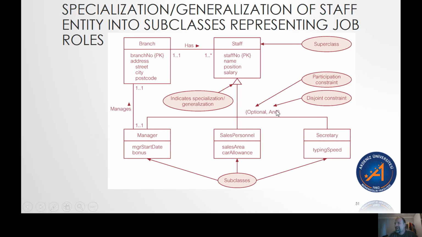The and means that they could be more than one of them. They could be a manager and a sales personnel, so they could be a sales manager. They could be a sales personnel and a secretary. They don't have to be only one of these. So this is a little bit different from UML and Java.